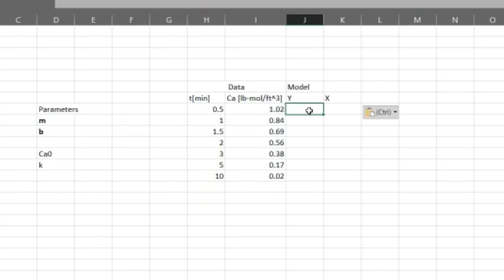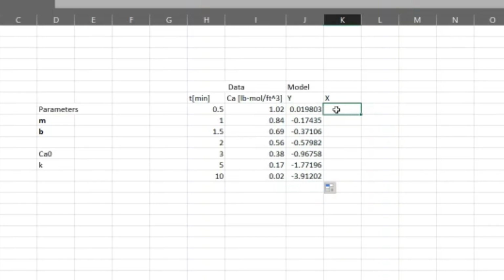Okay, so according to our model, y is equal to the natural log of CA, and x is equal to t. Okay, so that's it for our model.